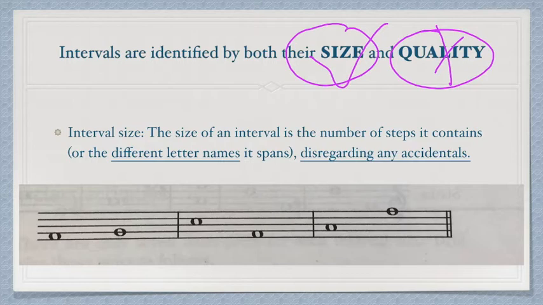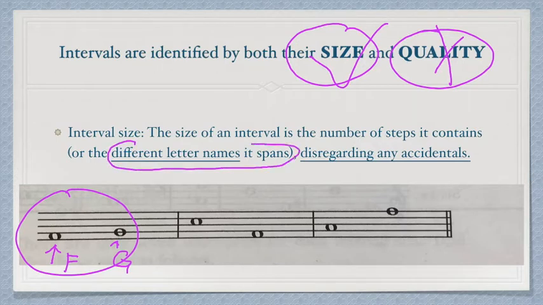or we can say the different letter names it spans. Here we ignore any accidentals. What does it mean by disregarding any accidentals? For example, let's see this example. This is F and this is G. Because the definition of the interval size is the different letter names it spans, so for here, this interval contains 1 F, 2 G. So it just contains two letter names.